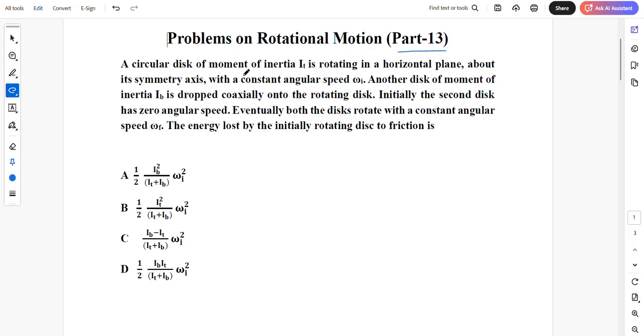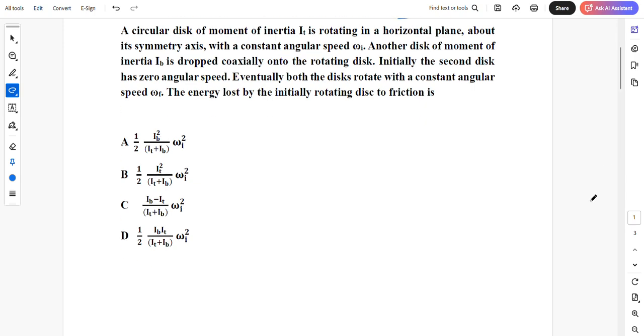It is saying a circular disk of moment of inertia I is rotating in a horizontal plane about its symmetry axis. Now this is one circular disk.